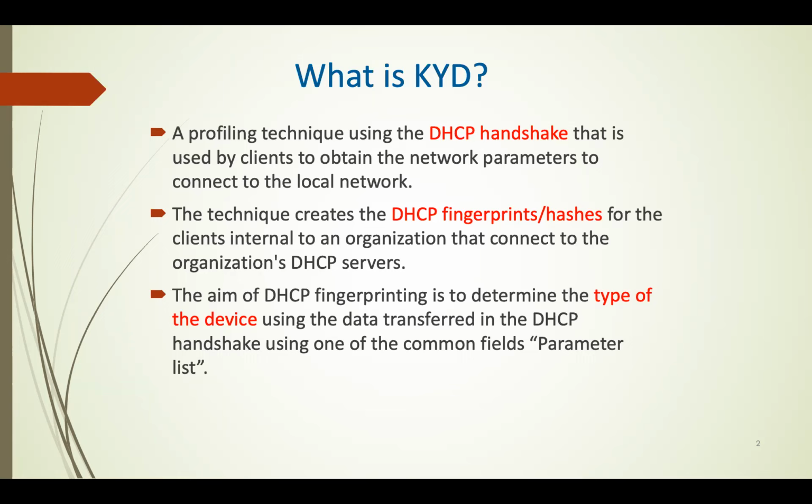The technique is based on collecting those DHCP handshakes, hashing those DHCP fingerprints, and then comparing them to what we already know about that fingerprint. And if we see that there's a match, then we know what kind of device is connecting to your network.